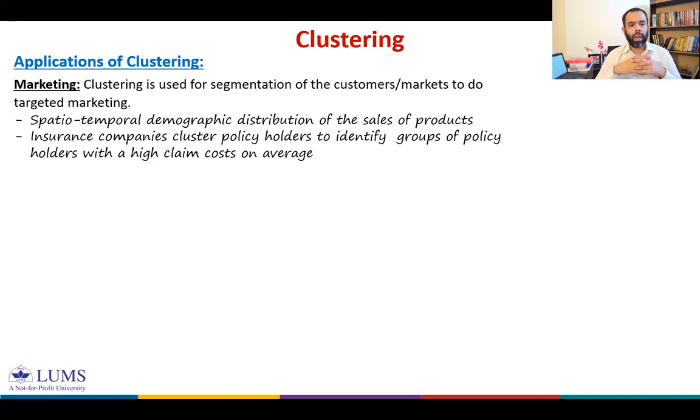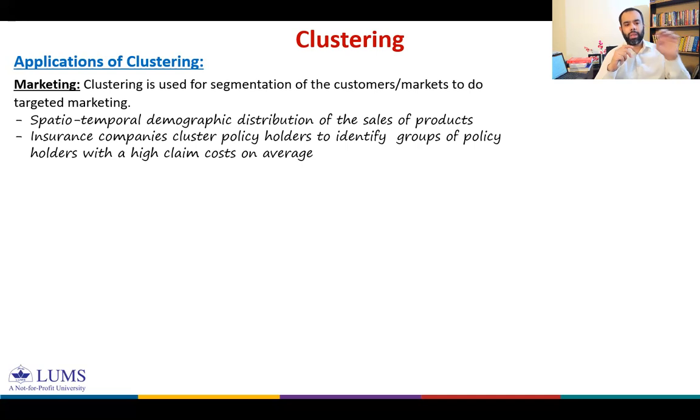For example, in marketing, we use clustering for segmentation of customers and segmentation of markets so that marketing companies can carry out targeted marketing. Okay. So clustering could include clustering with respect to spatiotemporal demographic distribution of sales of products, right?